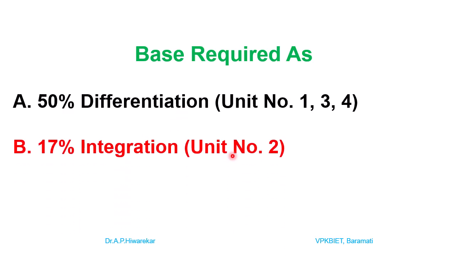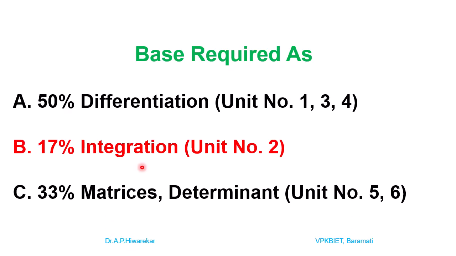Then unit number 2 is Fourier series, which is totally based on integration, so 17% of our course requires integration as a base. Unit numbers 5 and 6 require matrices and determinants as a base, and 33% of the course content is based on this part.